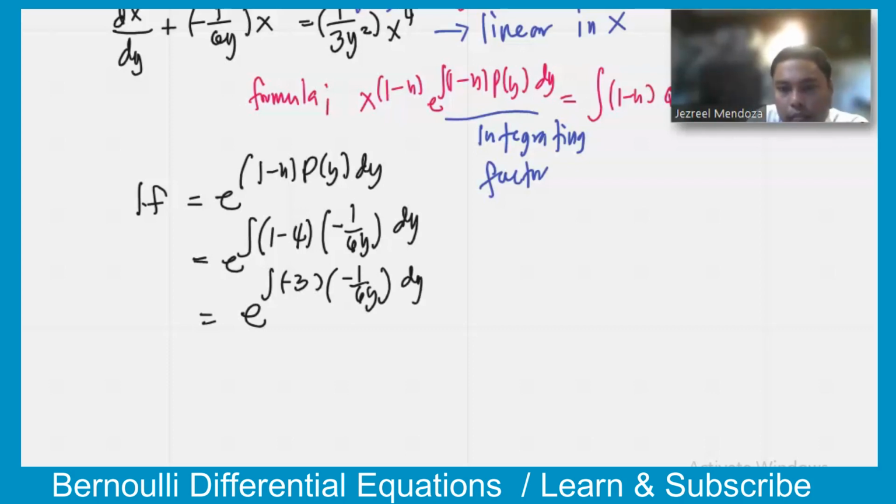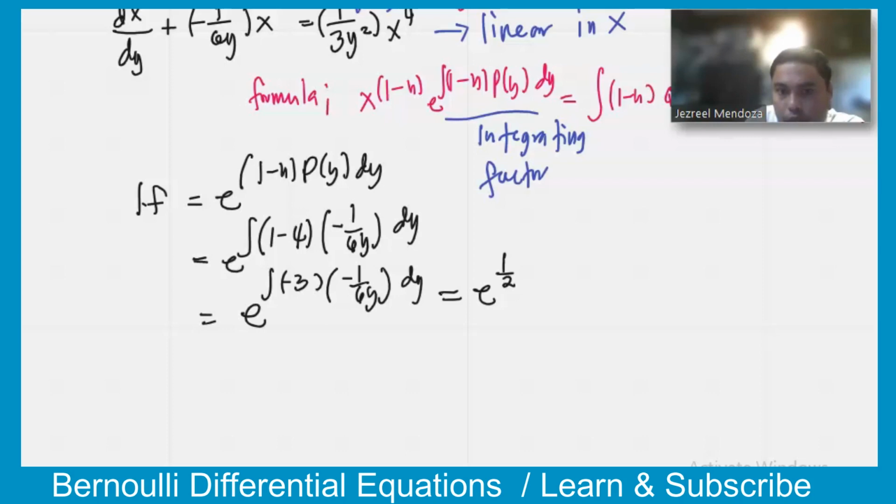Or we have e raised to negative 3 over 6, that is negative 2, and then this is negative, so this is positive 2.